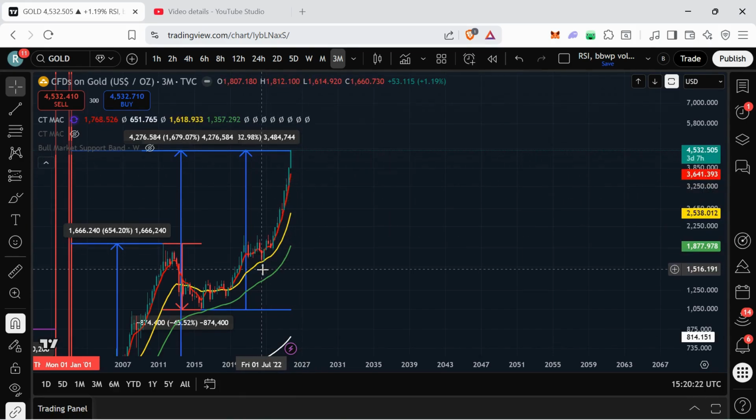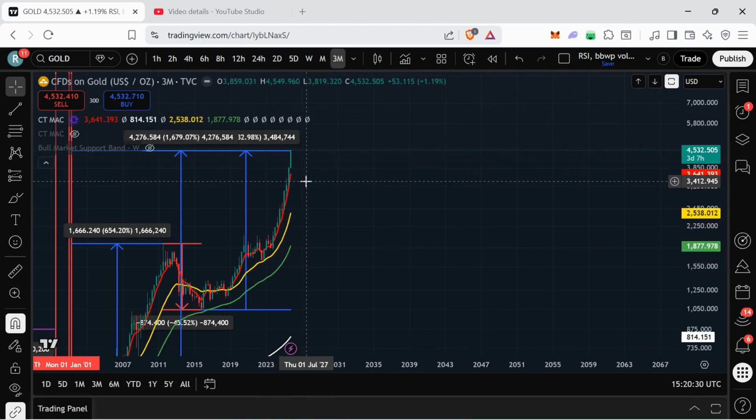As you can see here, it reconnected at some point with this yellow moving average, and I know it will do this again at some point in the future. The question is when. I think it'll potentially make it at some point next year to reconnect with this yellow moving average, or the year after that. This year's almost done, so potentially in 2027. So only time will tell, and we'll see what happens.